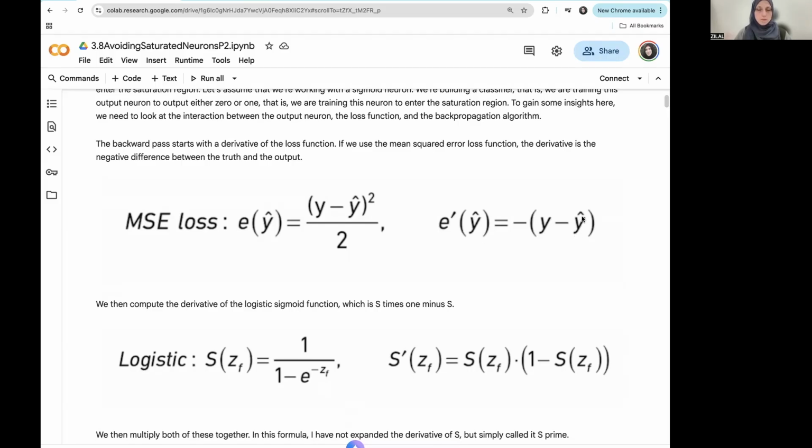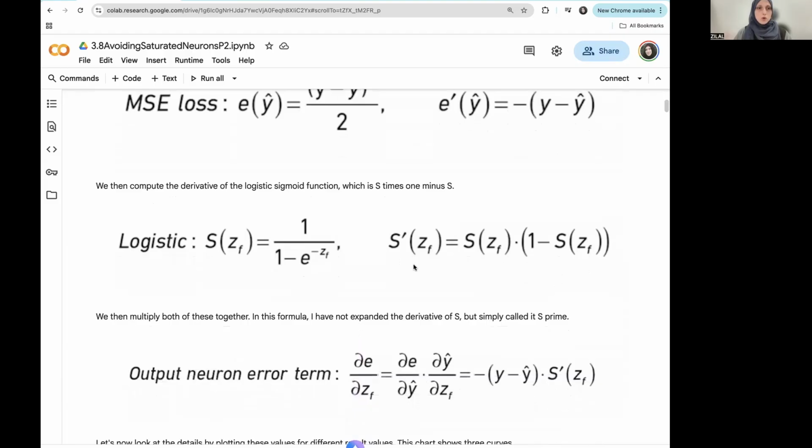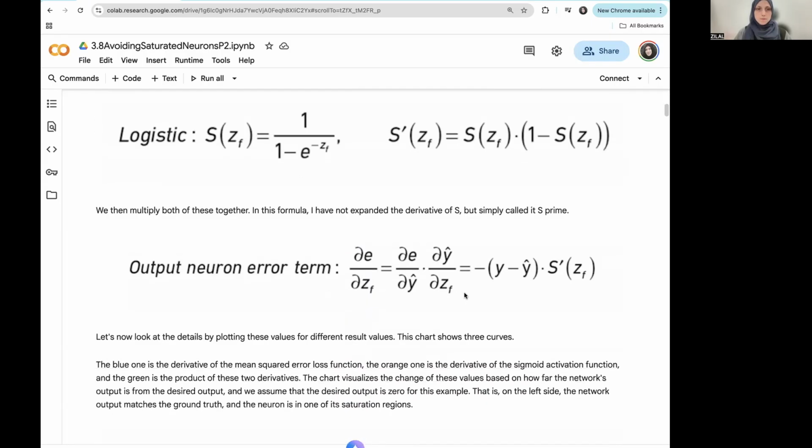Y hat represents the output of the network, and Y is the ground truth, our data that we know to be true. Then we compute the derivative of the logistic sigmoid function, which is S times 1 minus S. Then we multiply both of these together.